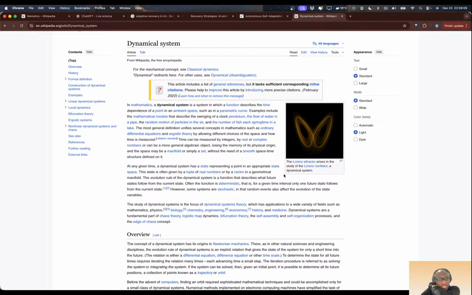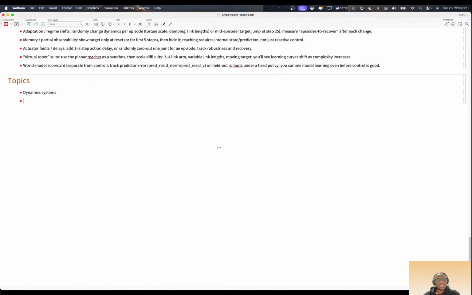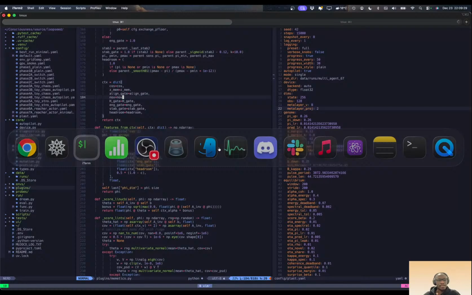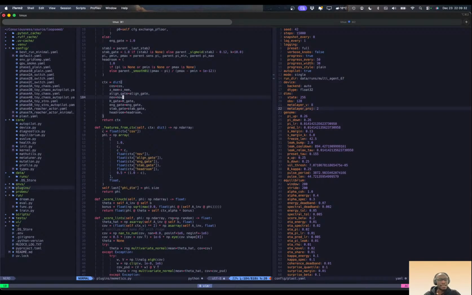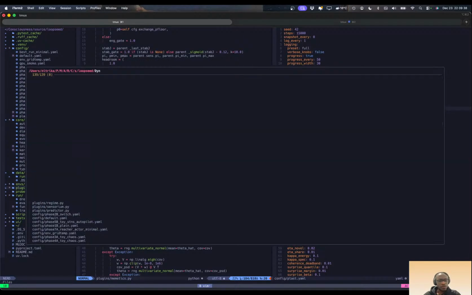Examples include mathematical models that describe the swinging of a pendulum. This is more like physics, but it's the same idea: dynamical systems are systems that change in time. They keep changing in time. That's one of the ideas we have, and generally the entire system is built on this idea.